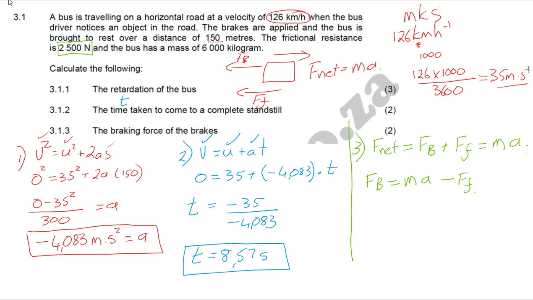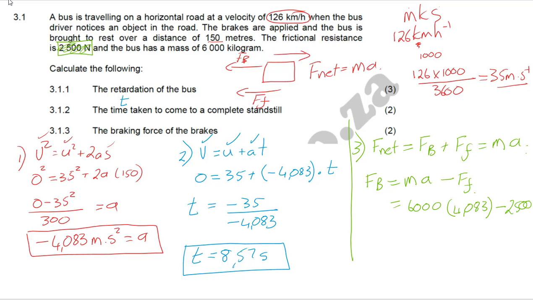Let's substitute the values in that we have. The mass that was given was 6,000 kilogram. The acceleration of the bus we've worked out was 4.083. Do I worry about the negative now? No, because it is the acceleration of the bus. The force experienced is the acceleration multiplied with the mass minus the frictional force, which was given as 2,500 Newton.